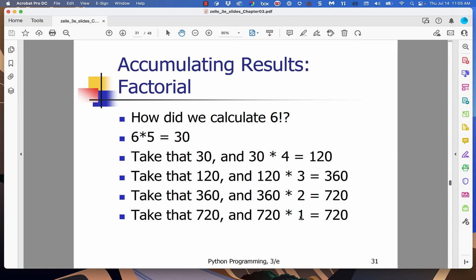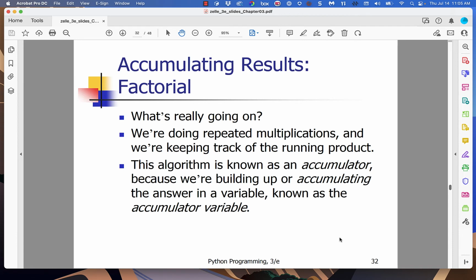So how did we calculate 6 factorial? Well, we saw how that worked in a looping kind of way, kind of doing it by hand. What's really going on? We're doing repeated multiplications and we're keeping track of a running product. This algorithm is known as an accumulator because we're keeping a running answer, and the variable we do it in is called an accumulator variable.